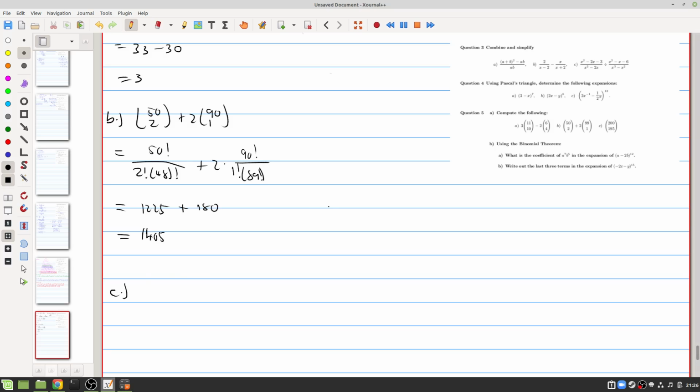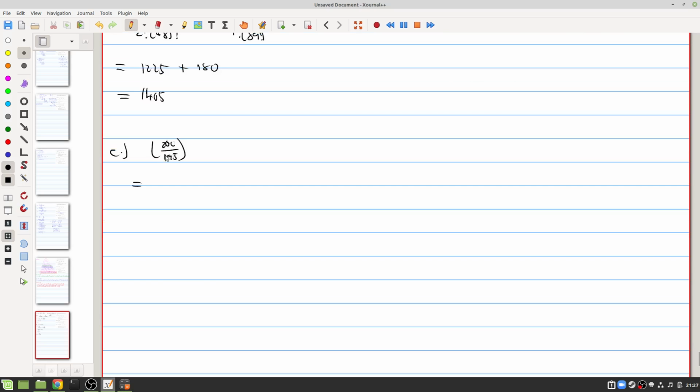Okay, number C. So here we've got 200 choose 195. So again, we could just use our calculator to compute this, but we could also do it with a factorial way. So 200 factorial over 195 factorial, and then 200 minus 195, which is 5 factorial.